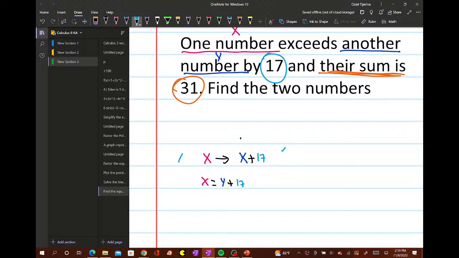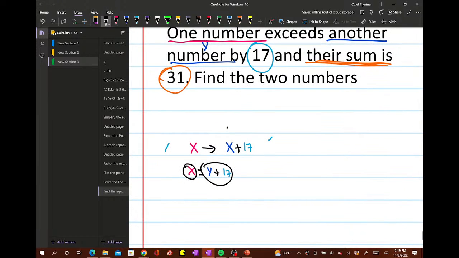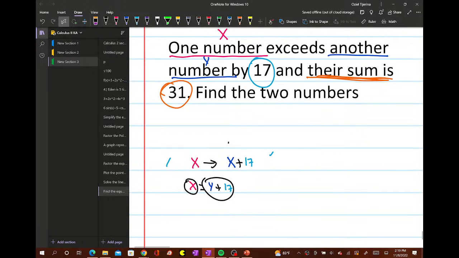So meaning that the sum of these two things is 31. So x exceeds another number by 17.